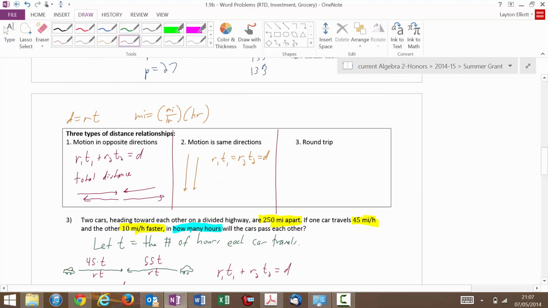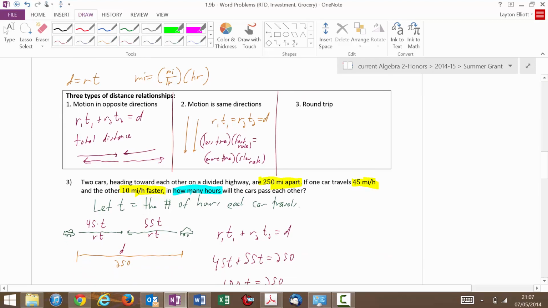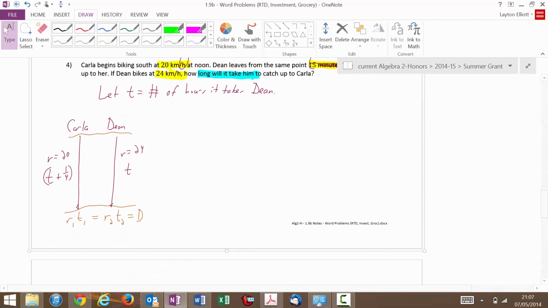So I'm going to say less time times fast rate, and that's going to equal more time and slow rate. So think about this like a race. Multiple people run a race and they run the same distance, but the less time is the fast rate, and the more time is the slow rate. So this kind of helps us set it up down here.